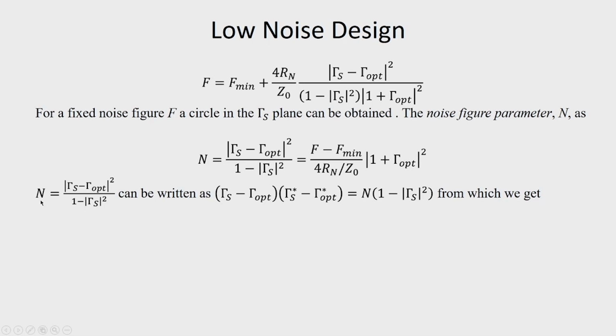Now, this expression n is equal to gamma s minus gamma opt magnitude square divided by 1 minus mod gamma s square.